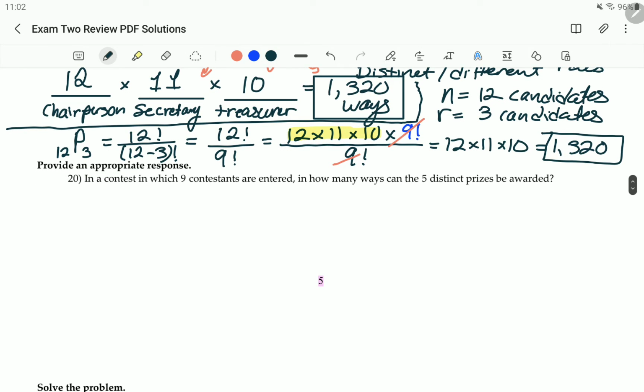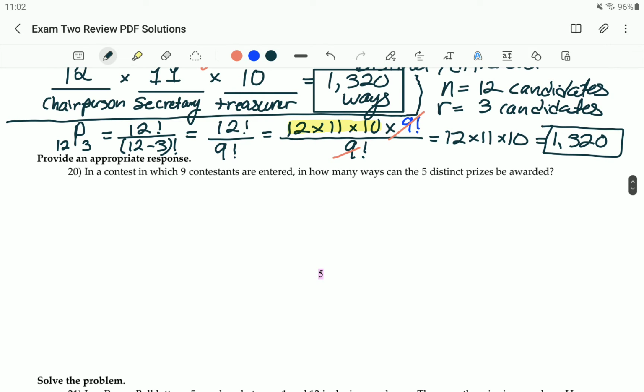Number 20 says, provide an appropriate response. In a contest in which 9 contestants are entered, how many ways can the 5 distinct prizes be awarded? Now, when it comes to prizes, there is a rank and an order. And it says 5 distinct prizes. That means each prize is different. That means there's no repetition of prizes being awarded. So we're given 5 prizes. Prize 1, prize 2, prize 3, prize 4, prize 5.